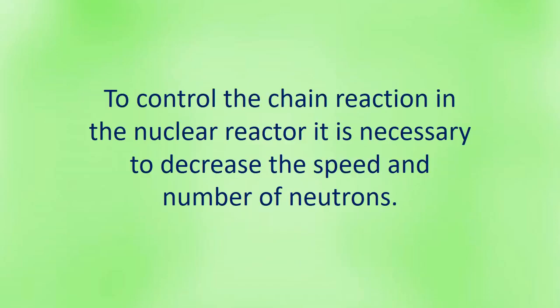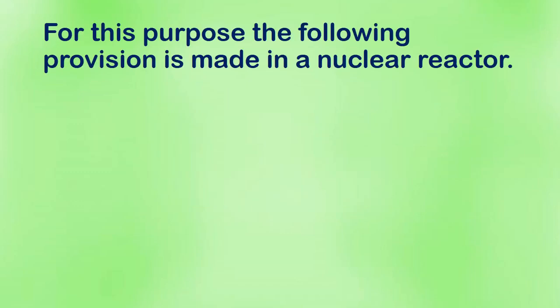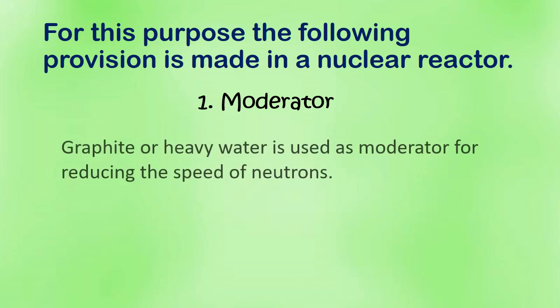To control the chain reaction in the nuclear reactor, it is necessary to decrease the speed and number of neutrons. For this purpose, the following provisions are made in a nuclear reactor. Number 1. Moderator.